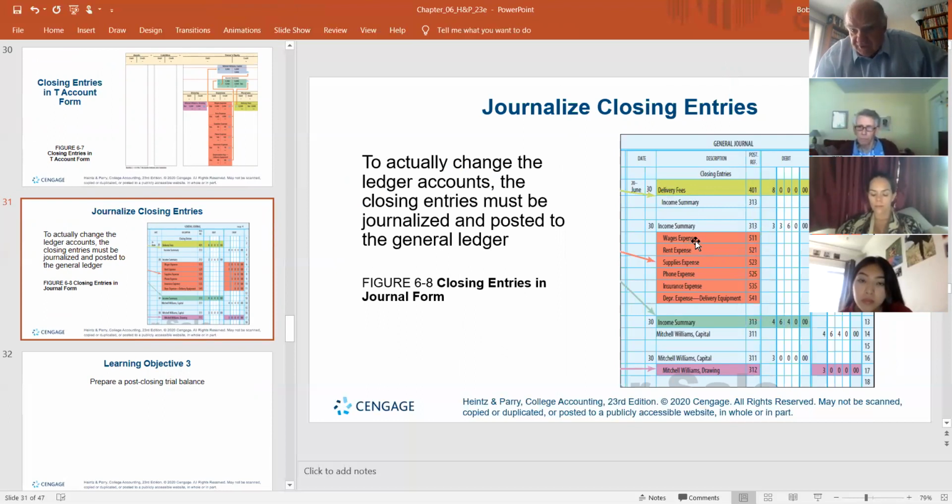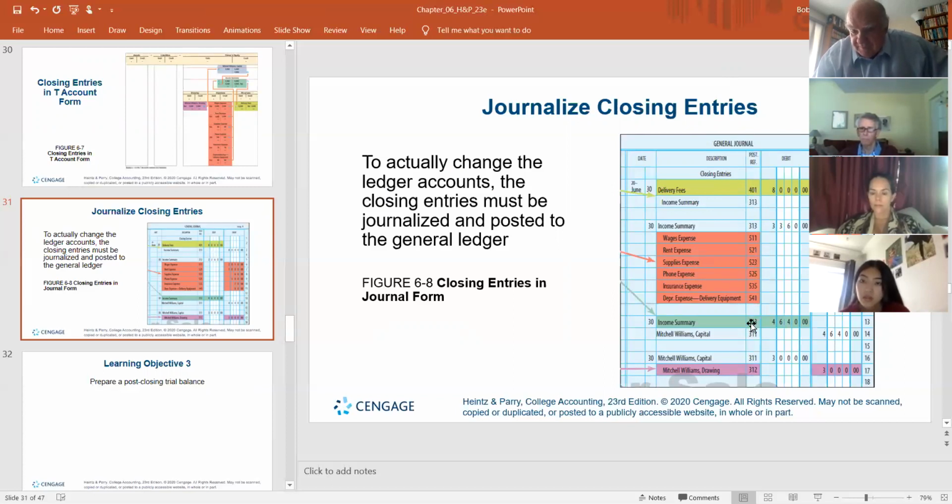All of your expense accounts are going to be zeroed with a credit. The difference between your revenues and expenses is your profit, which is now sitting in the income summary account. It's sitting there, hopefully, as a credit.